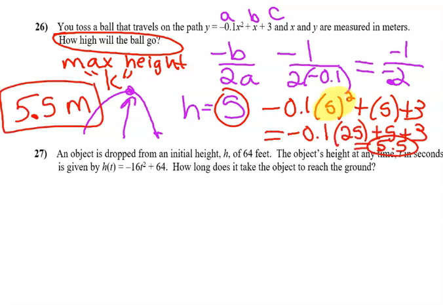I plugged 5 in for the x's. Please make sure you square first, which is 25. 25 times -0.1. Solve that. Plus 5 plus 3, which is 5.5. So your height is 5.5 meters, because that's what they gave me.